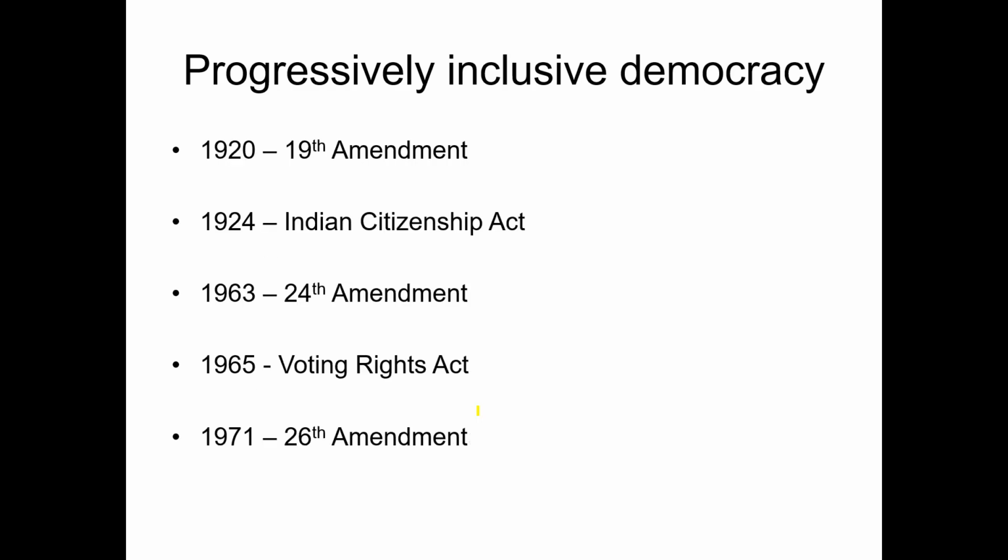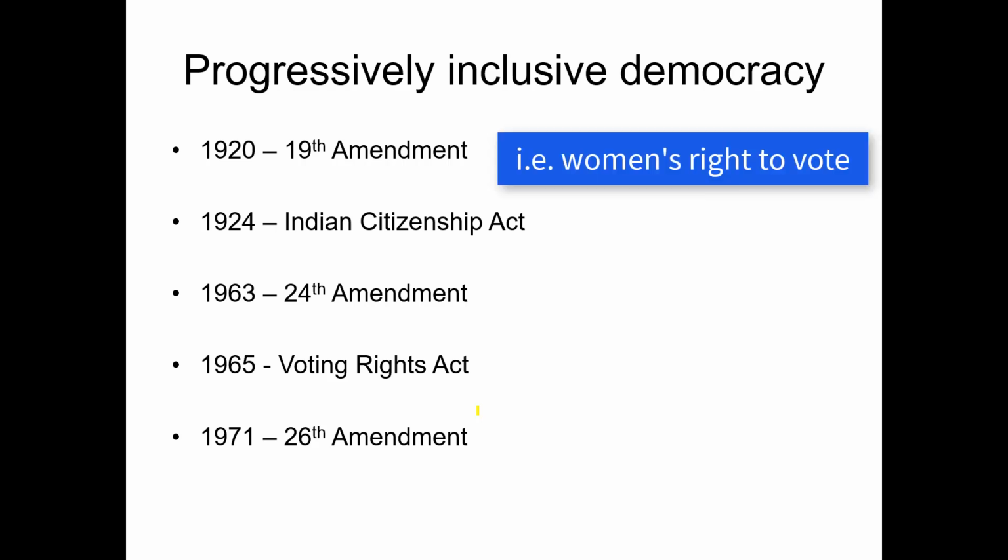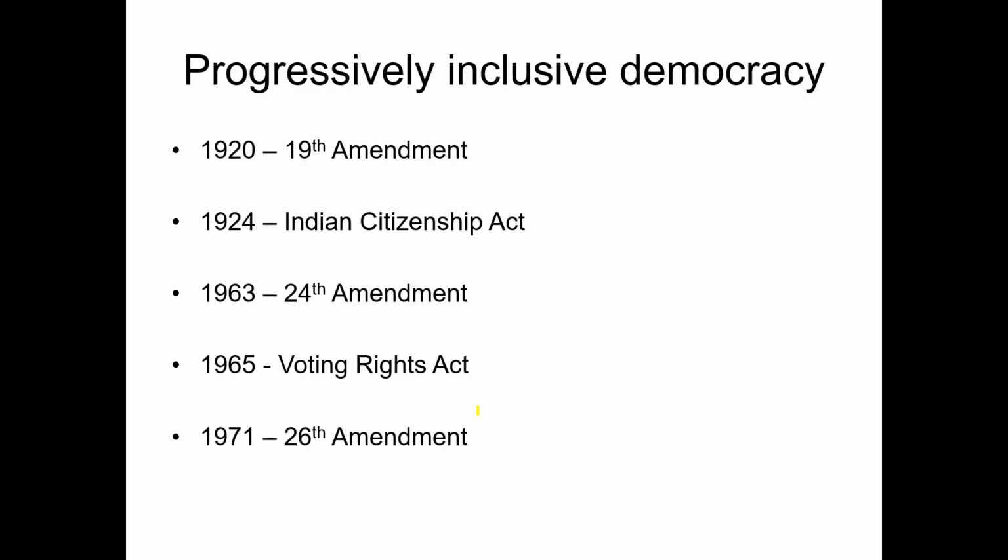In 1920, we passed the 19th Amendment to the Constitution, and this is where I usually ask the ladies to volunteer what that one was about. In 1924, the Indian Citizenship Act extended voting to Native Americans. In 1963, the 24th Amendment eliminated that poll tax that we talked about a few minutes ago.